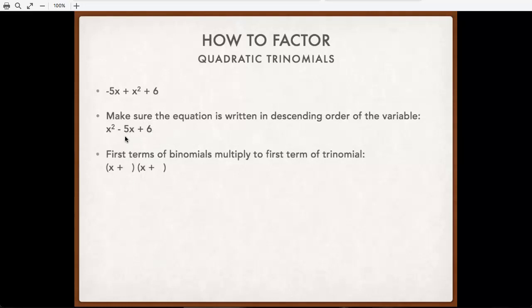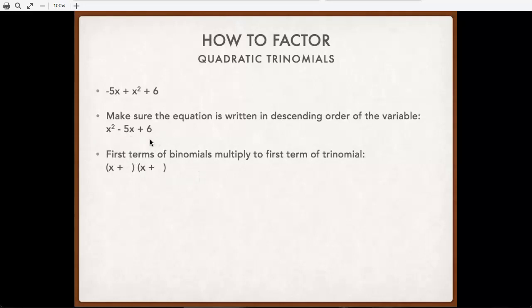The only way to get two numbers that will multiply to get a positive number and will add to get a negative is if they're both negative. If we have two positives, they can't add together to a negative. So we know we're dealing with two negative numbers and they're factors of 6.